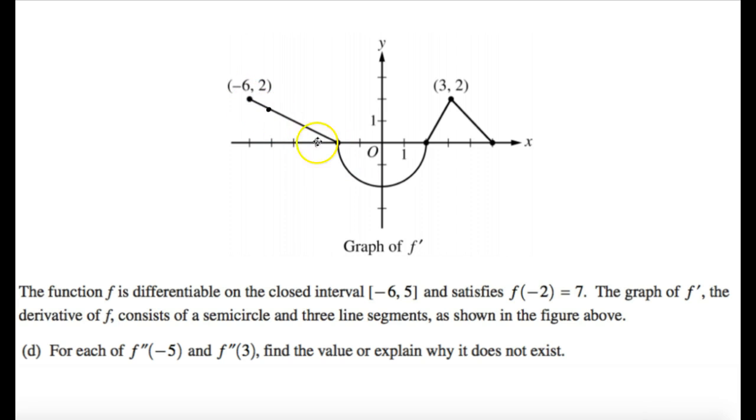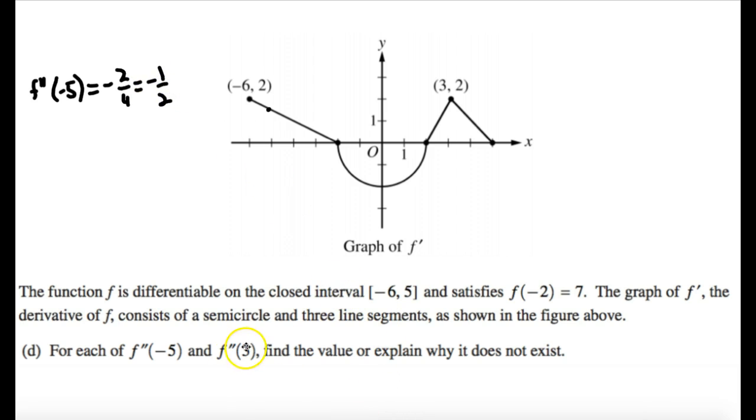Well, this is just a line, so f double prime of -5 is just the slope of this line. So rise over run, I'm going down 2 and right 4. So -2 over 4 is -1/2.